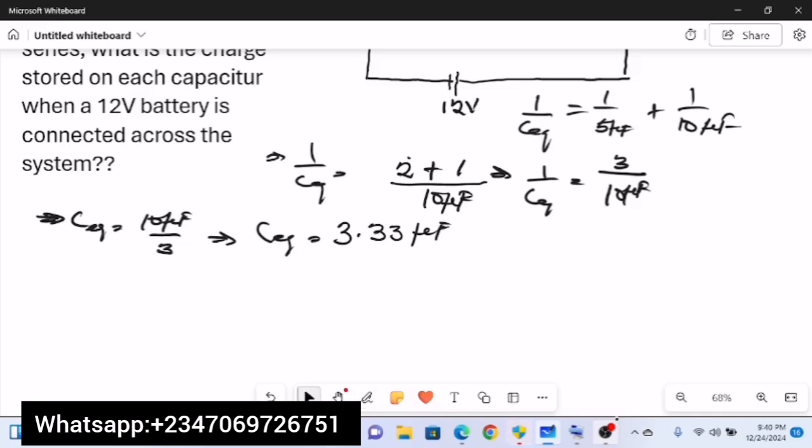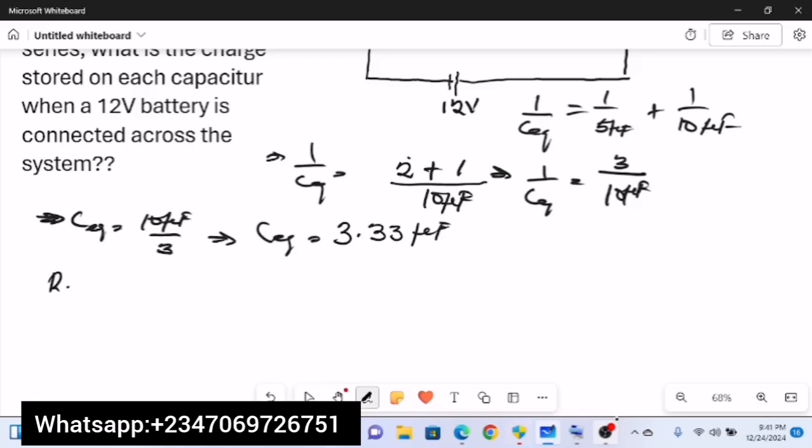Now, having found this, the next thing to do is to find the equivalent charge. Remember from the definition of capacitors in series, I said capacitors are said to be in series when the same charge flows through them. So the question is asking us to find the charge across each of the capacitors. If we're able to find the equivalent charge, that charge becomes the same because the charge across capacitors in series is the same.